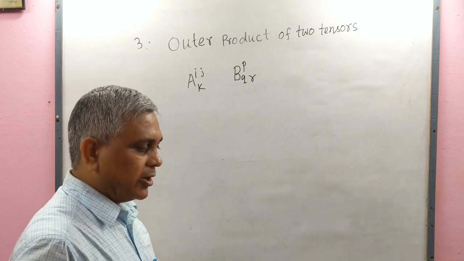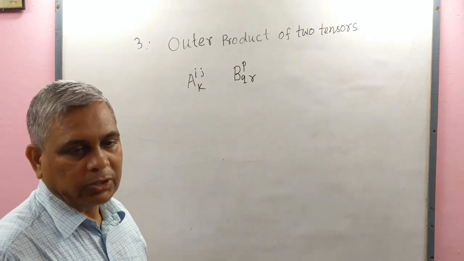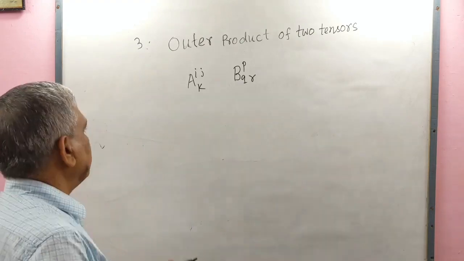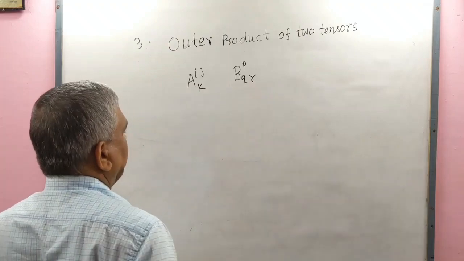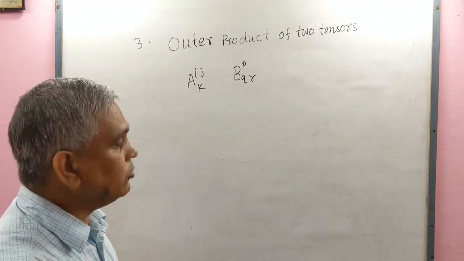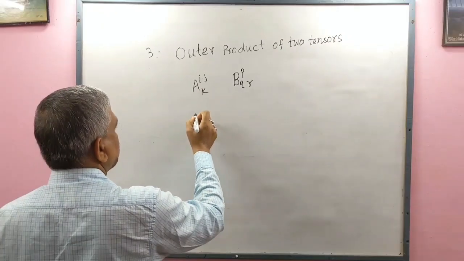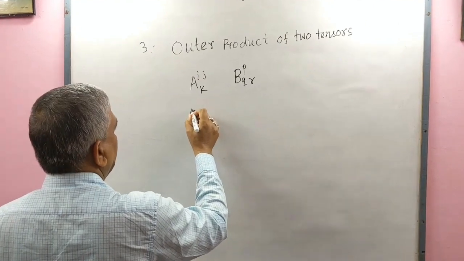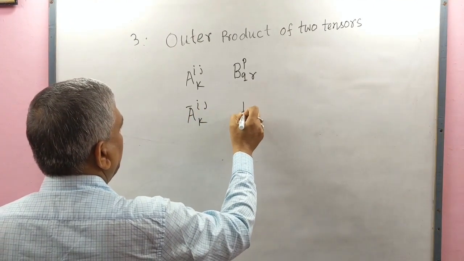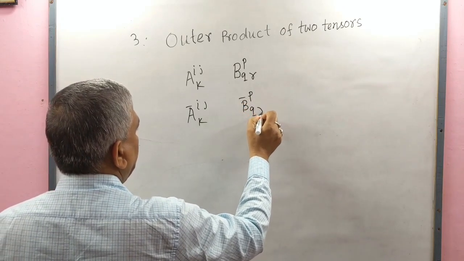So no contravariant suffix of the first is equal to a covariant suffix of the second and vice versa. These tensors are in the x system of coordinates. Corresponding values of these tensors in the x bar system of coordinates are A bar ijk and B bar pqr respectively.